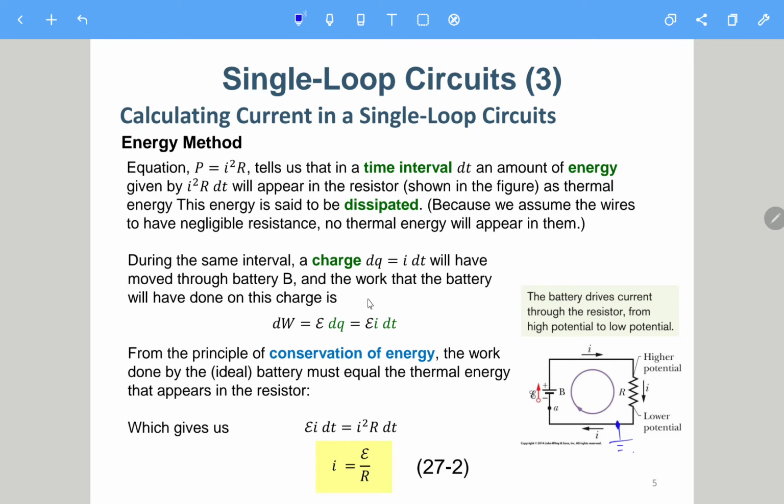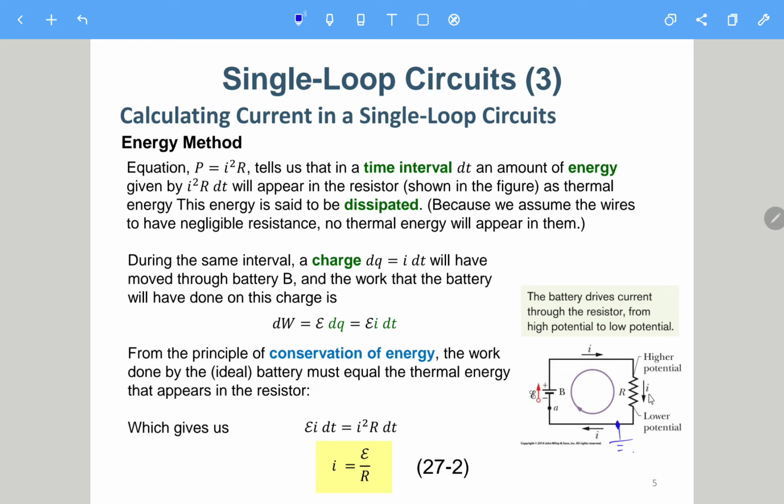Although it's quite stupid, we can also use this energy method for later circuits, which will give you some interesting insight. So here, P equals I squared R is the power dissipation of a resistor. It tells us that in a time interval dt, an amount of energy given by I squared R dt will disappear in the resistor.